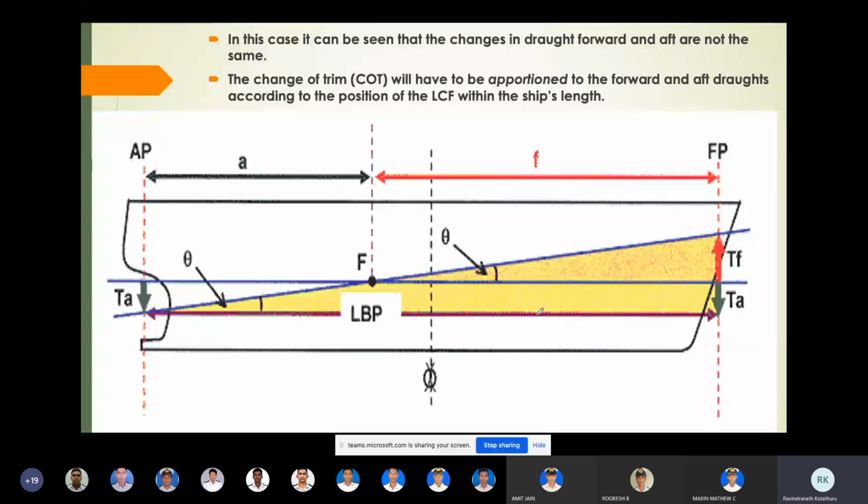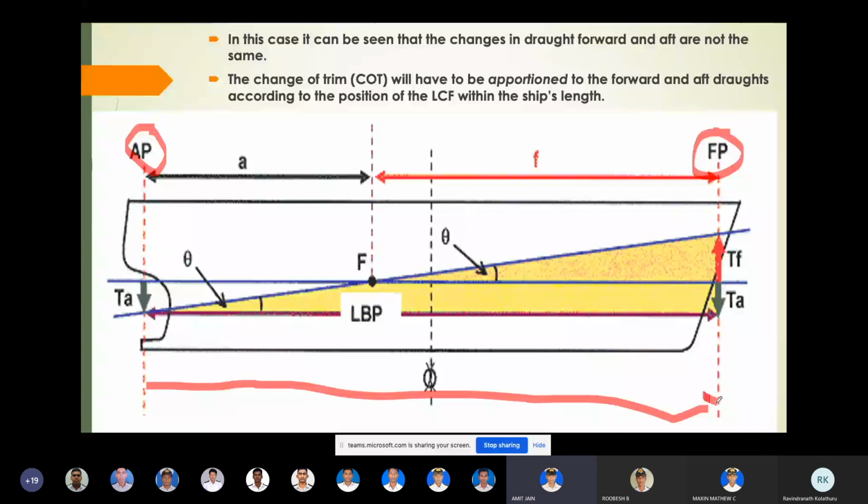Now this is your aft perpendicular and this is your forward perpendicular. Tell me, what is the distance between aft perpendicular and forward perpendicular called? AP and FP. I know it is AP and FP.